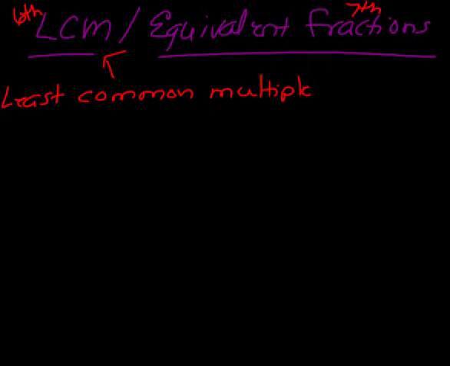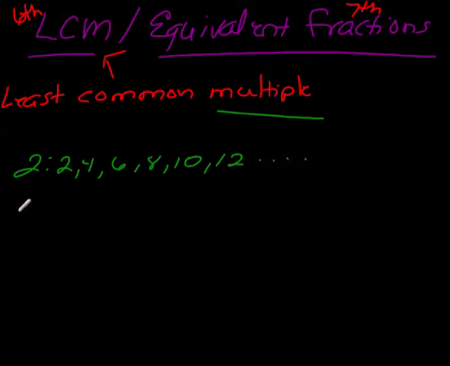Now with a multiple, first off, what is a multiple? If I ask you, what are the multiples of 2? You should answer 2, 4, 6, 8, 10, 12. You notice I'm counting by 2s. If I were to say, what are the multiples of 3?